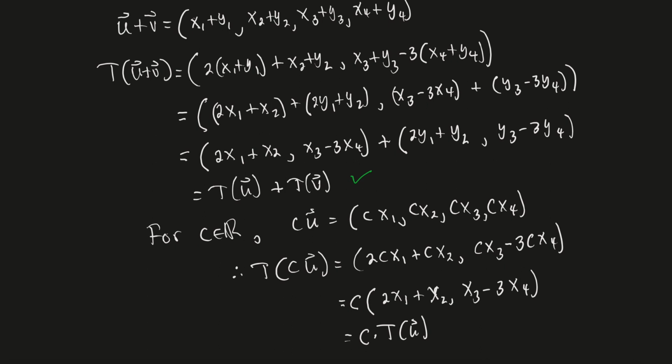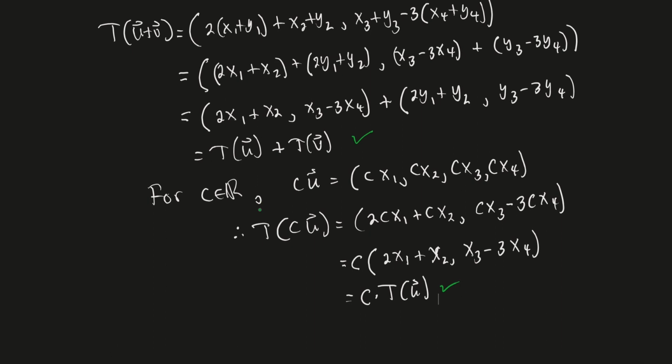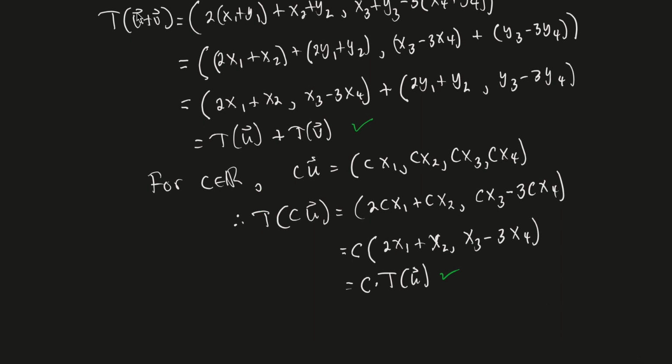And this works for every pair of vectors and every scalar, right? So none of the properties here depend on me choosing a specific value for x1, x2, x3, x4, or y1, y2, y3, y4, or me choosing a specific scalar. It works for any constant and for any pair of vectors. So because of this, this transformation is linear, right?